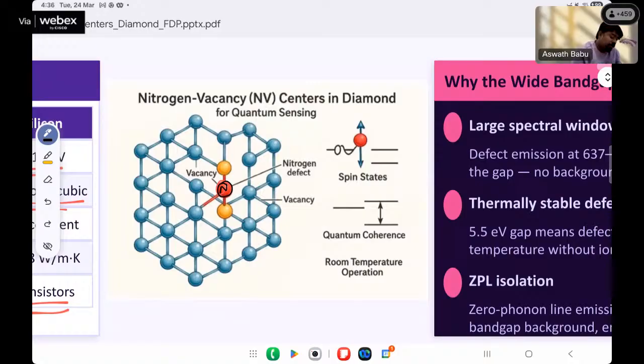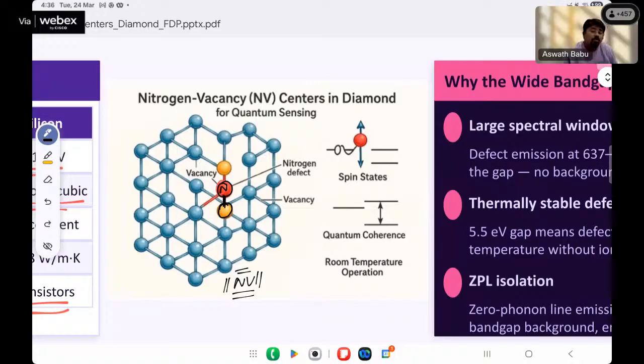So what happens? One nitrogen and another vacant carbon site together form something called a nitrogen vacancy defect, or nitrogen vacancy center. Now, this NV center can exist in various energy states or various quantum states.